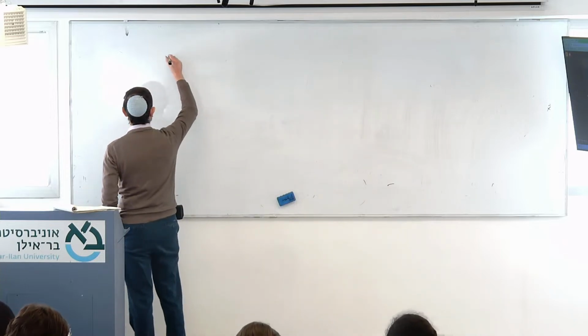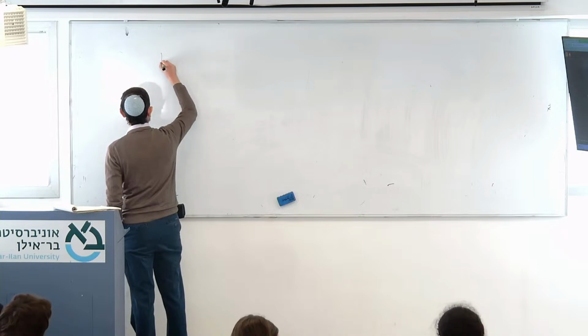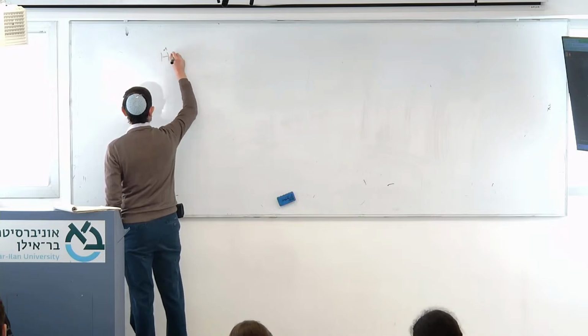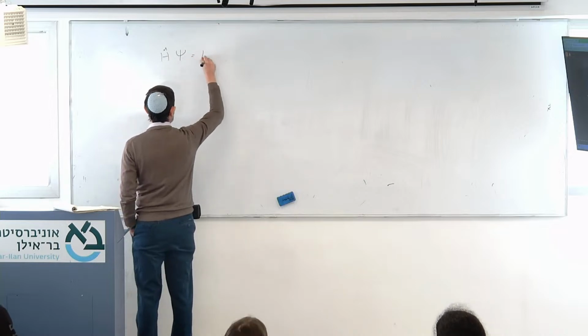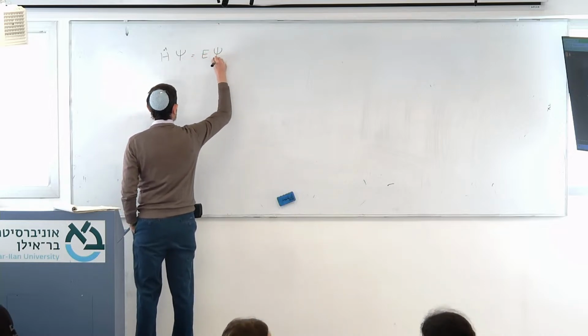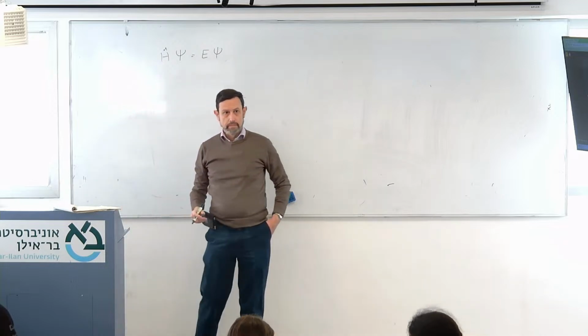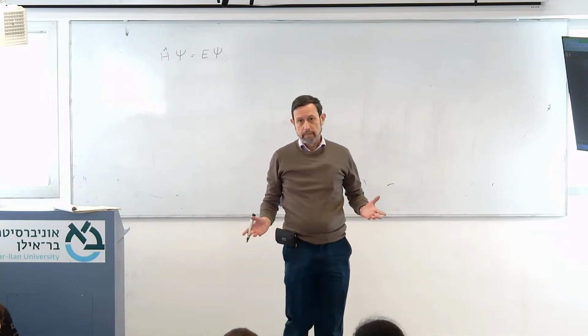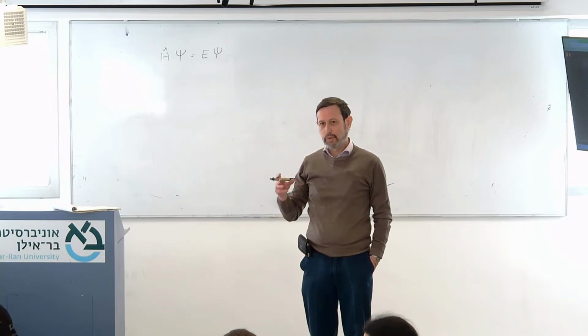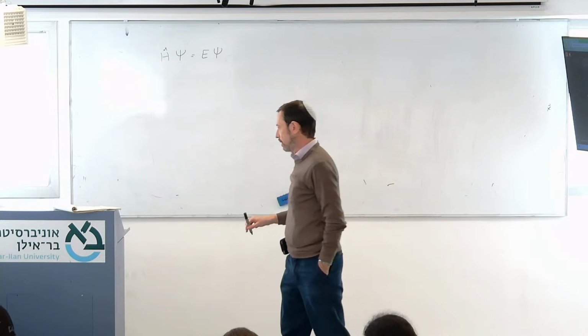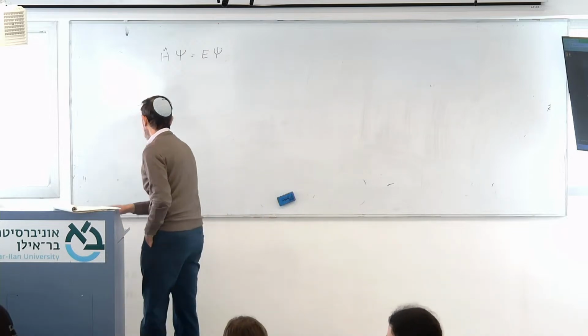So I have the following equation. H is minus ħ² over 2m, to write it explicitly.